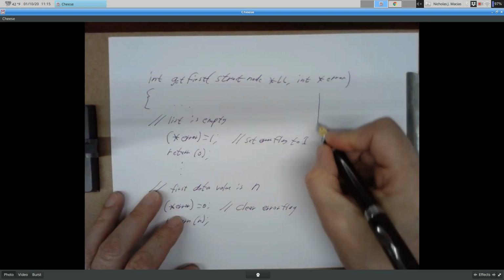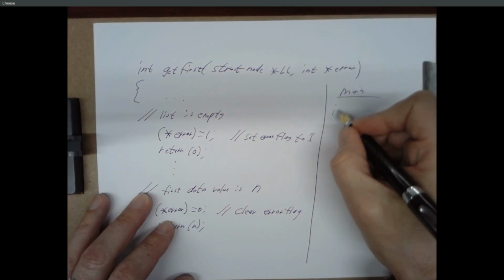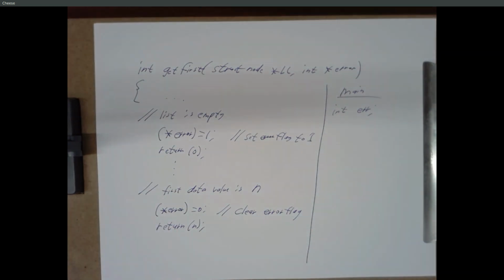And in your main program, you have some variable, I'm just going to call it ERR, which is declared to be an integer. Don't declare it to be a star int, because inside main, we want to actually have this variable exist. We want space allocated for it.